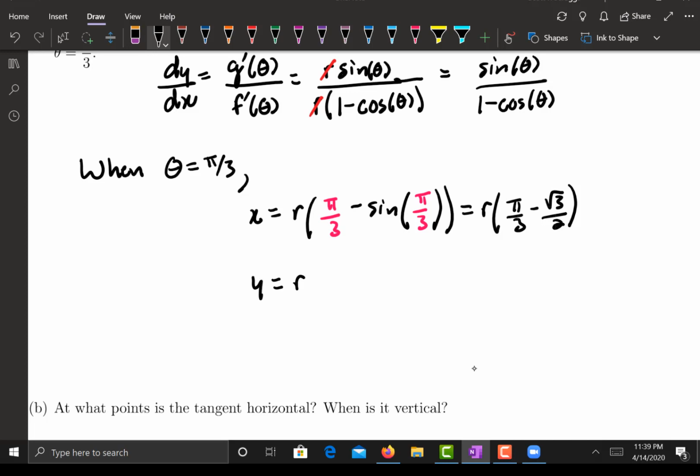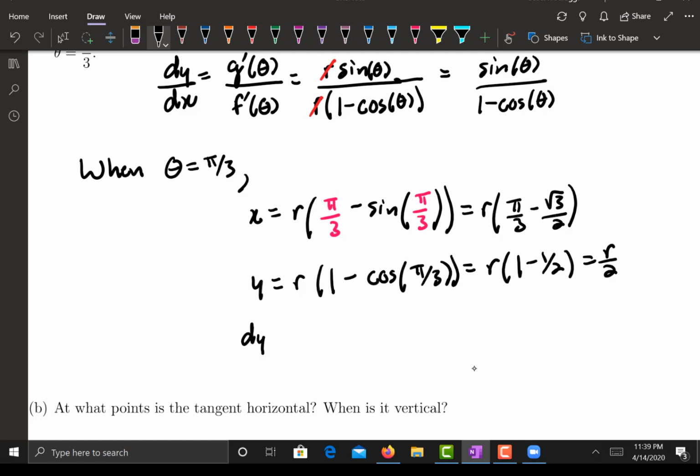y equals r times (1 minus cosine of pi over 3). And after simplifying, that should give me r times (1 minus 1/2), which will be r over 2. And then my derivative will be sine of pi over 3, which will be root 3 over 2, over 1 minus cosine of pi over 3, which will just be 1/2 at the end.